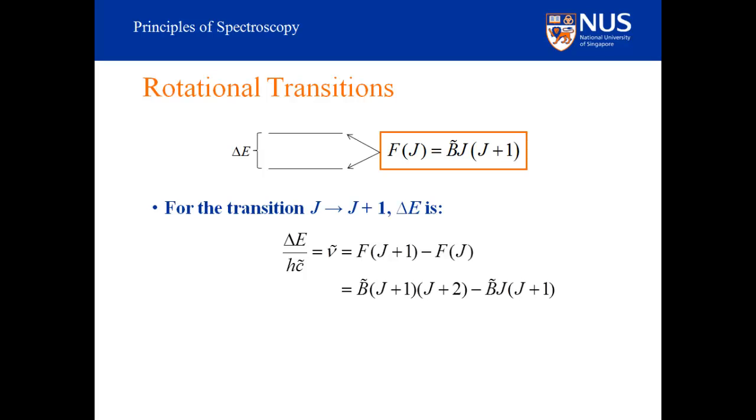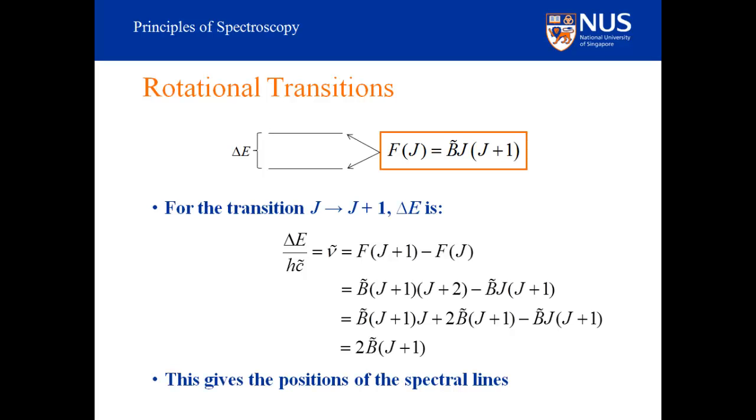The rotational term for the J level is simply B times J times J plus 1. If I expand this expression, I get the following. And after a little rearrangement, I get the energy difference 2B into J plus 1. So the difference in energy, which is the frequency of the spectral line, will be equal to this expression.